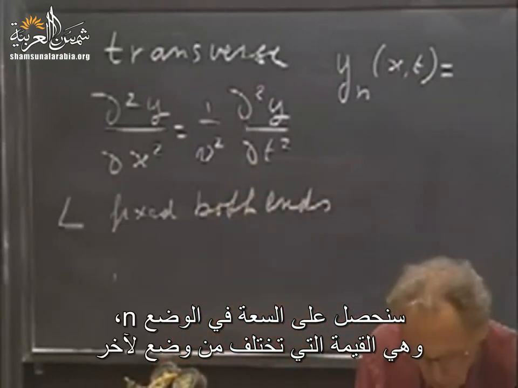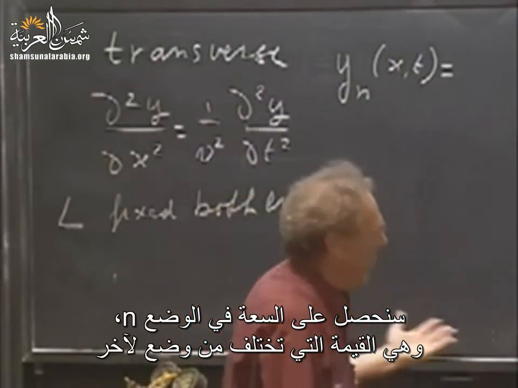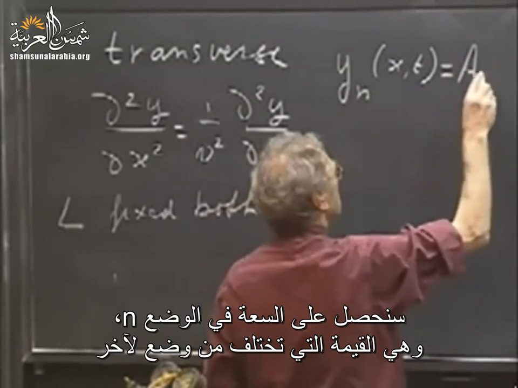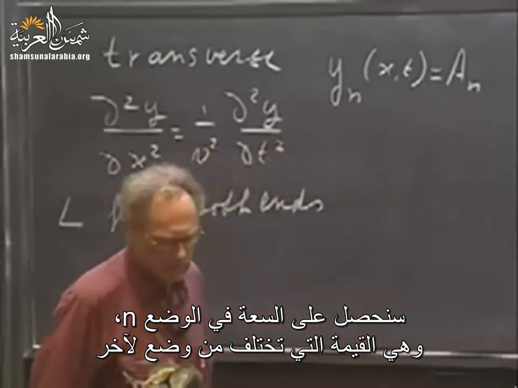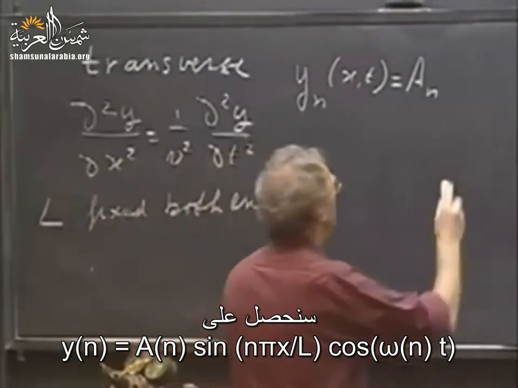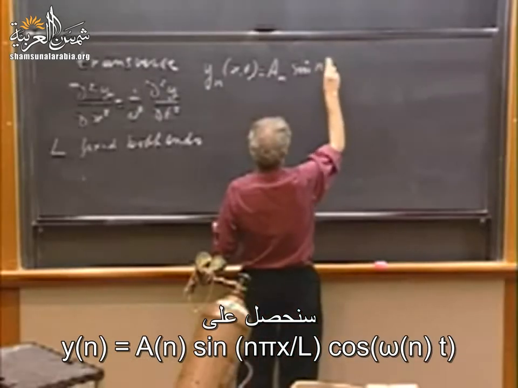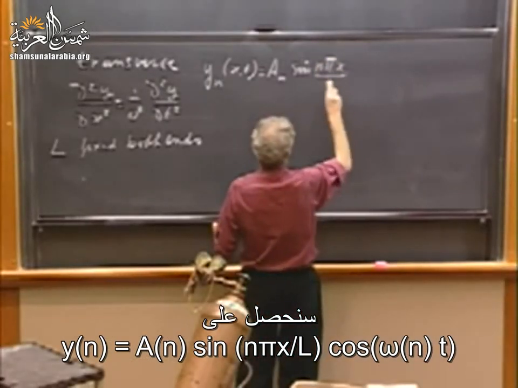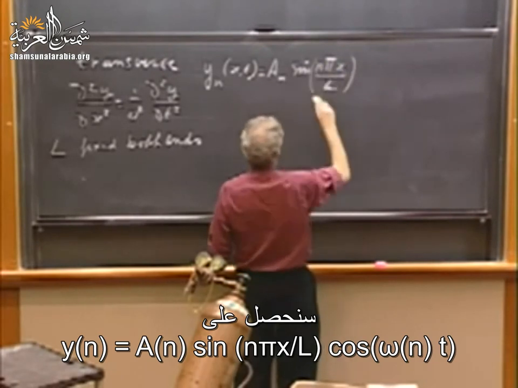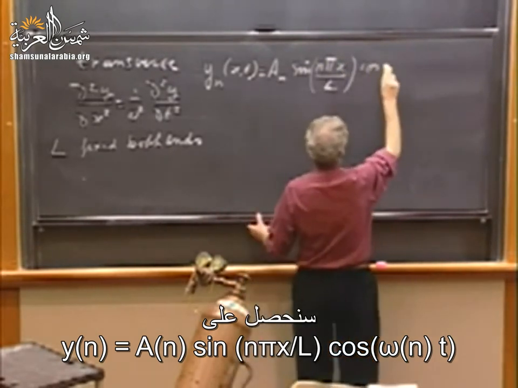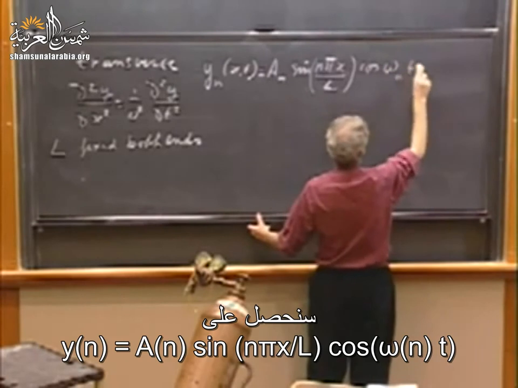We give the amplitude of the nth mode a value that can differ from mode to mode. So we get A_n, times the sine of n pi x divided by L, times the cosine of omega_n times t.